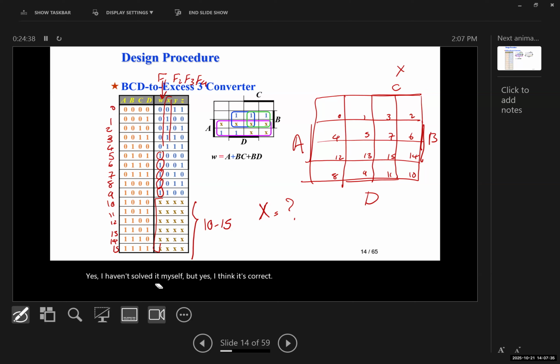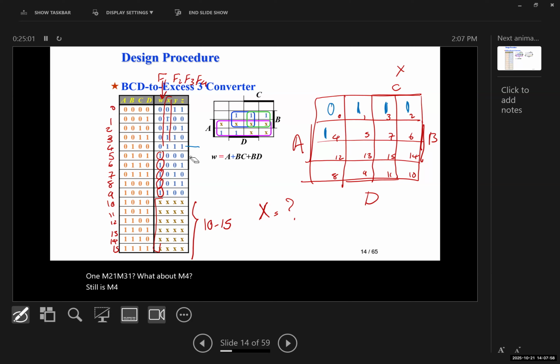Okay. So let's start from the top of the table. What is M0? This is 0. What about M1? 1. M2? 1. M3? 1. What about M4? Still, this is M4. It's 1.